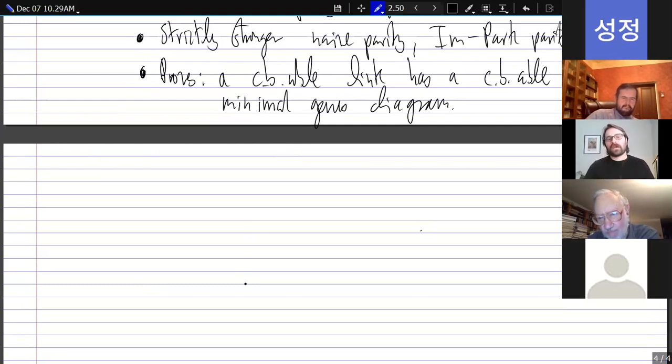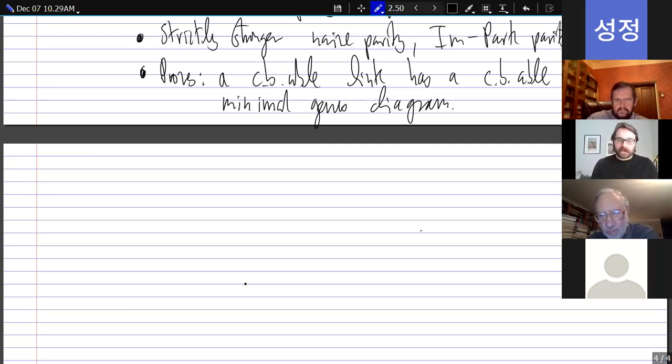Without this theorem, that's a priori not true. Even if your link is checkerboard colorable, you might not be able to find a checkerboard colorable minimal genus diagram. And so these types of theorems are really useful for proving other things about checkerboard colorable links. Okay, so that's a smattering of things you can do with the two-color parity.